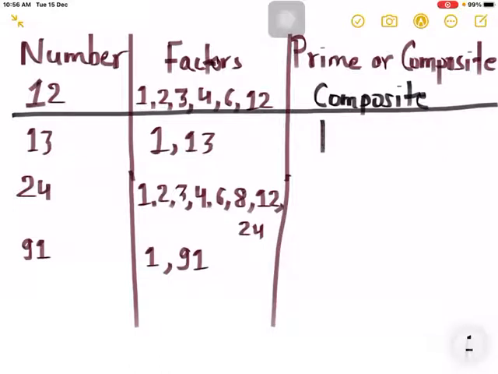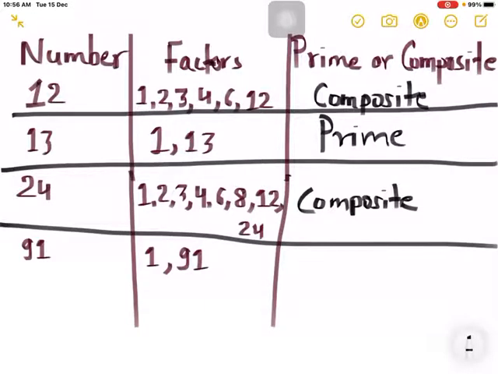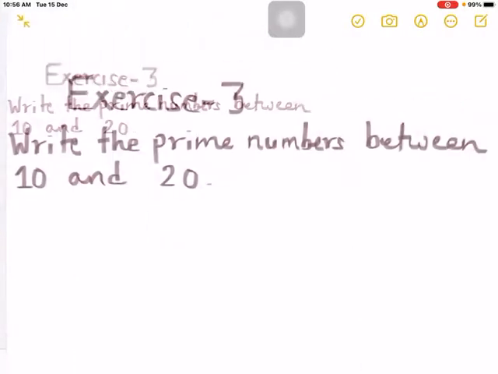Of course it is prime because it has only 2 factors. And 24, it is composite. Why composite? Because it has more than 2 factors. Again 91, it is prime.